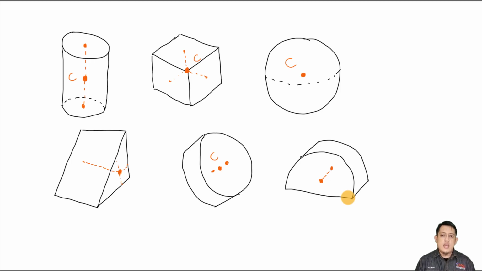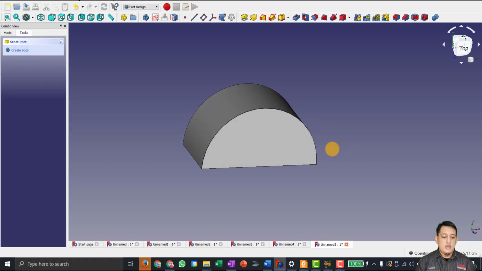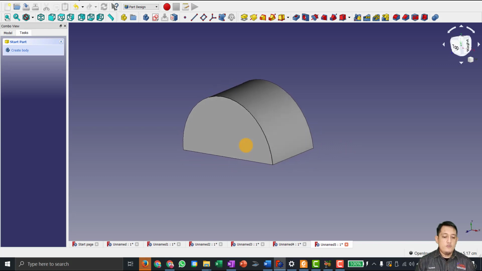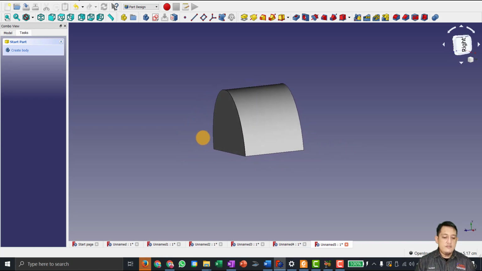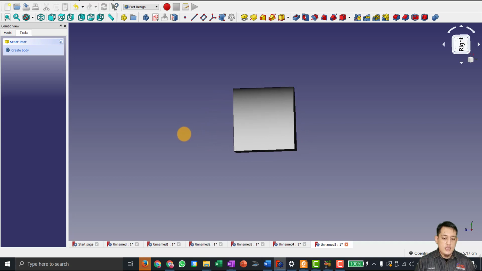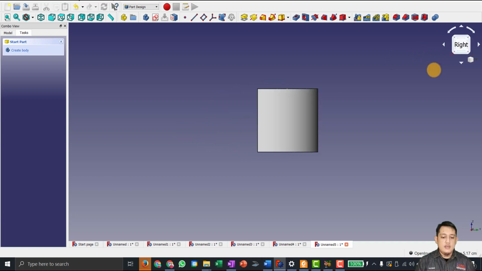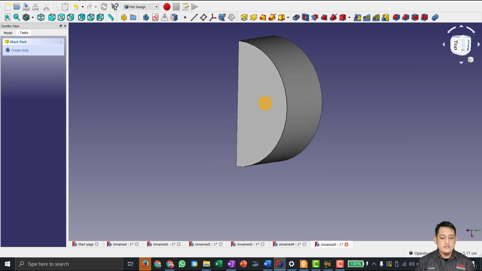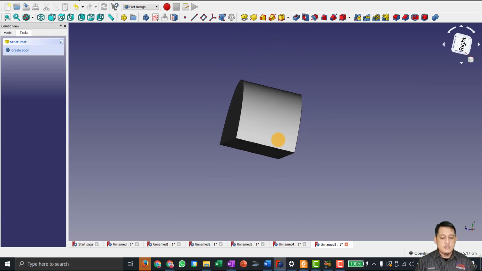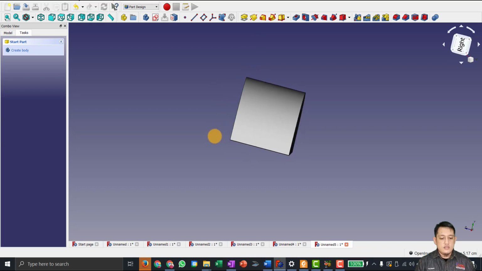Let's take a look at the CAD drawing of this semicircle. If we look from the side view and rotate, as you can see here, it becomes a rectangle.